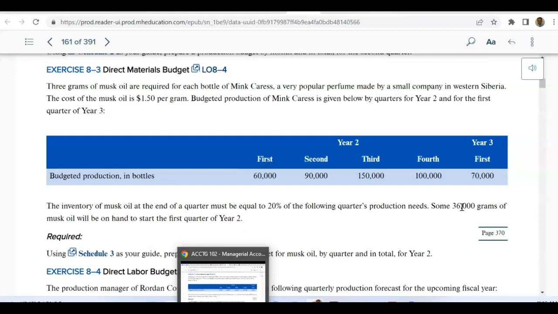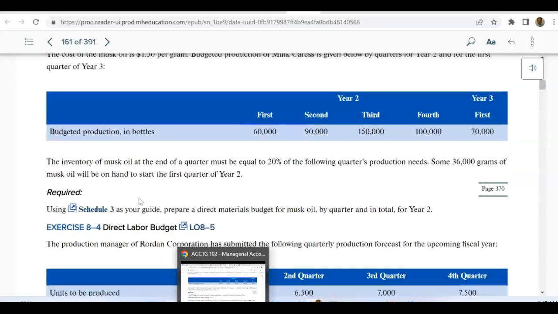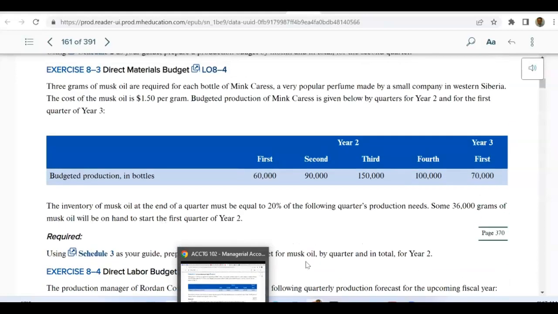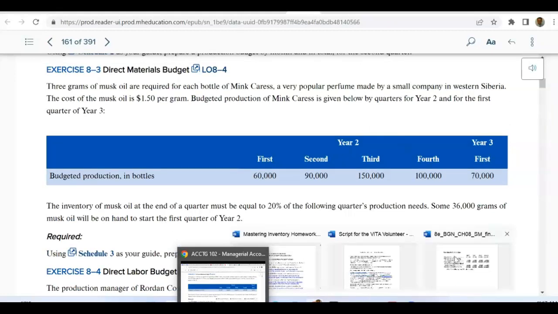So we already have 36,000 grams in starting of year 2, and we need at least 20% reserve at the end of each quarter. 20% of the next quarter should be at the end of each quarter. Using Schedule 3 as your guide, prepare a direct material budget for musk oil. So let's do that.